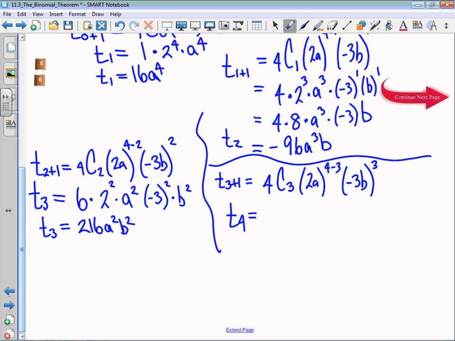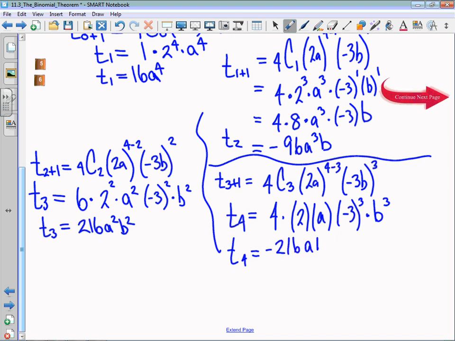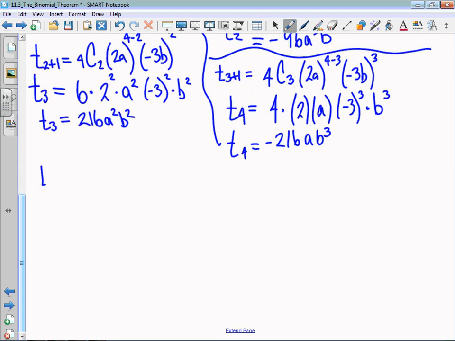So that's 4 times 2 times a, they're both to the power of 1, times negative 3 cubed times b cubed. And I get that term 4 is equal to 4 times 2 times negative 27. I get negative 216 a b cubed. And then last but not least, we're going to have term 5, which is when k is equal to 4.